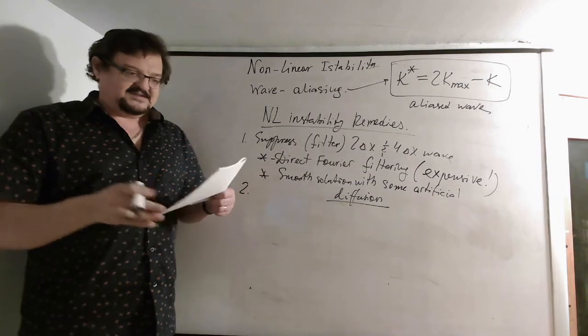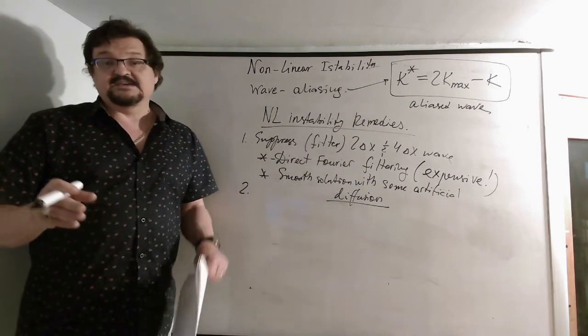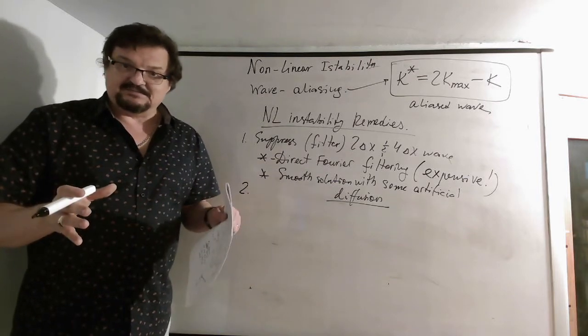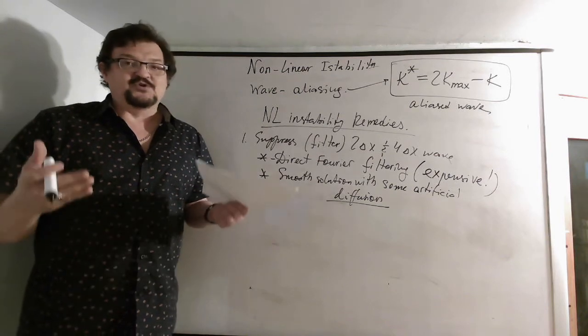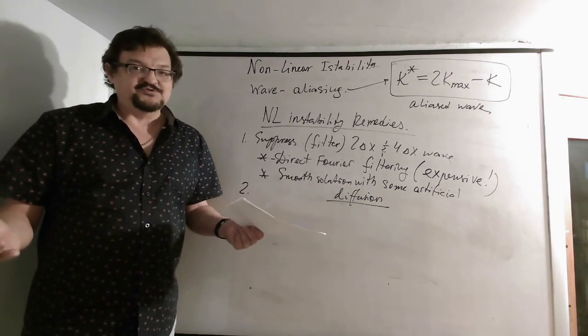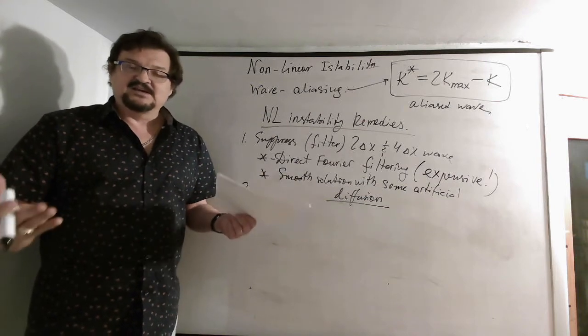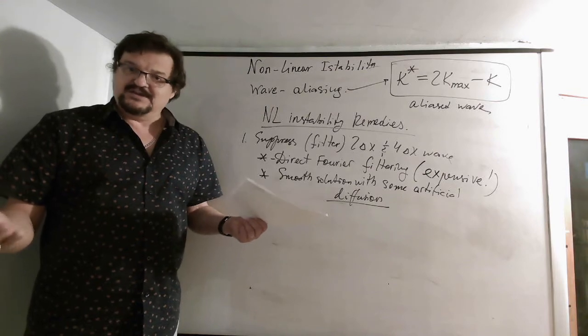So this is basically one of the best methods of fighting nonlinear instability: to conserve total energy in the system. And in addition, you have this added benefit. You have a more realistic and physically based solution, because conservation of energy is one of those fundamental physical properties of the system that you're trying to simulate.